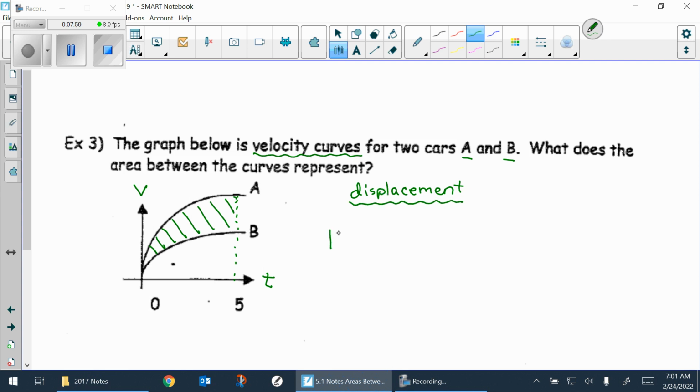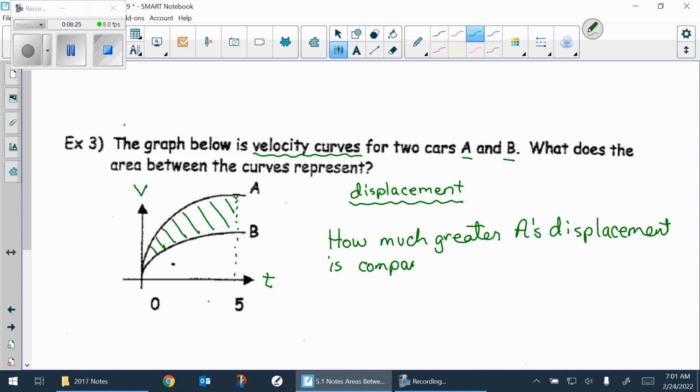It's going to tell us how much greater A's displacement is compared to B. And I should be really specific about this.